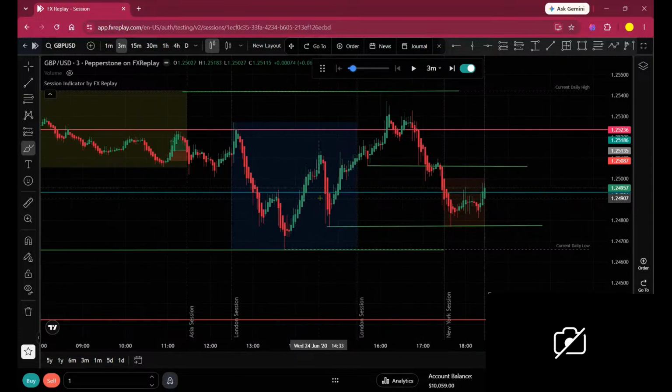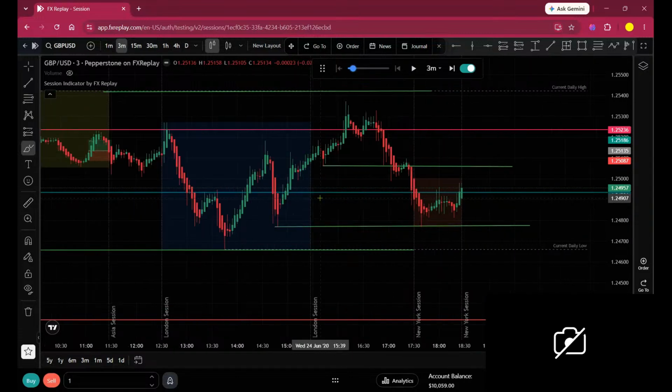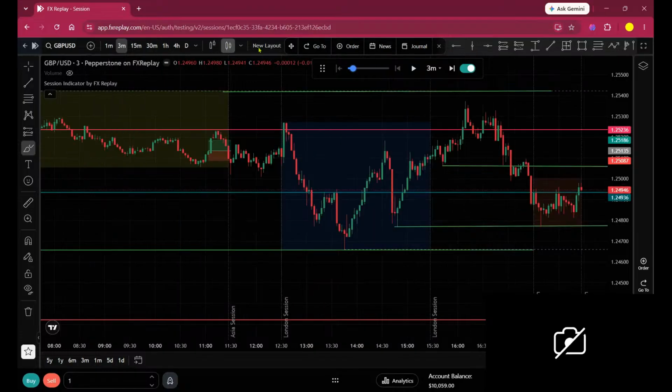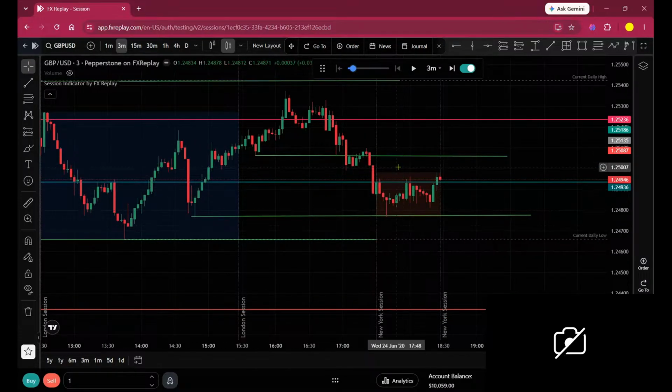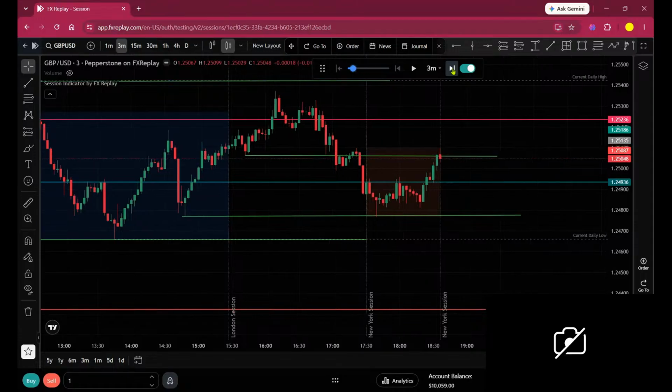Now market can retest up from this level and then fall. That's what I'm thinking. Yes, it did sweep.